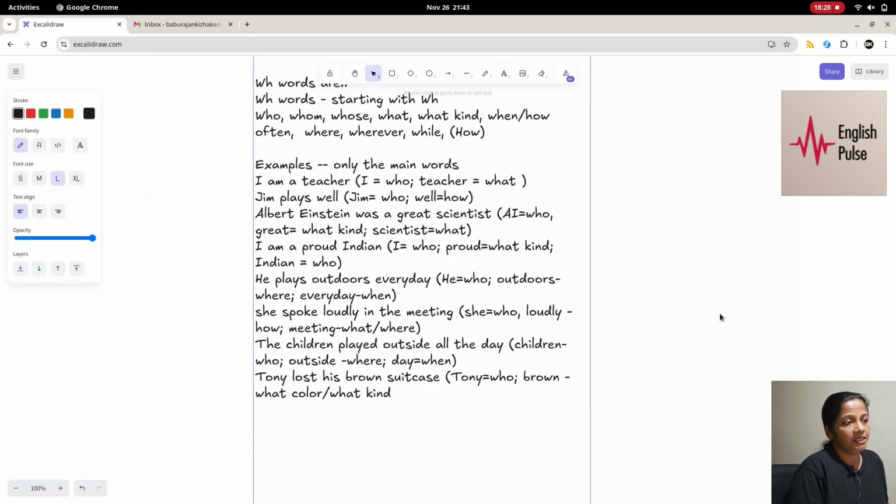Earlier we saw what kind. I have written what kind here. It can be what kind, can be what color also. Okay. So if it represents color, we use the word what kind. The question word is what kind. Then suitcase. What? Lost what? Suitcase. Okay.